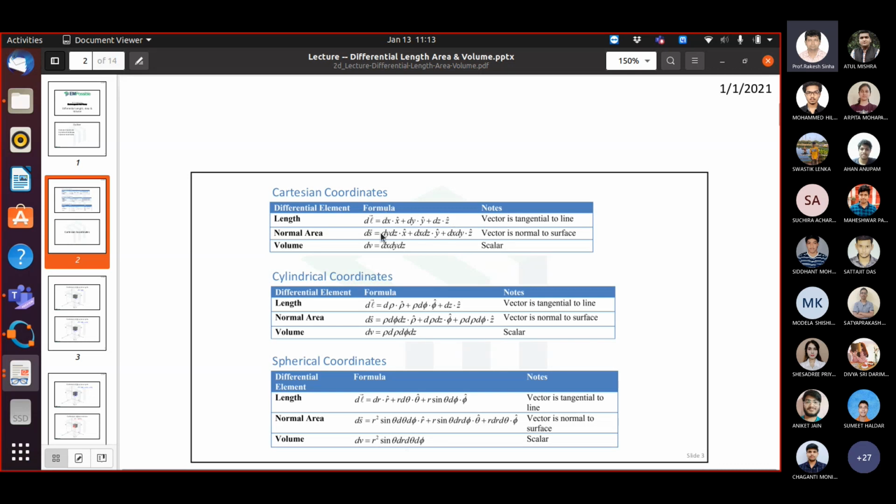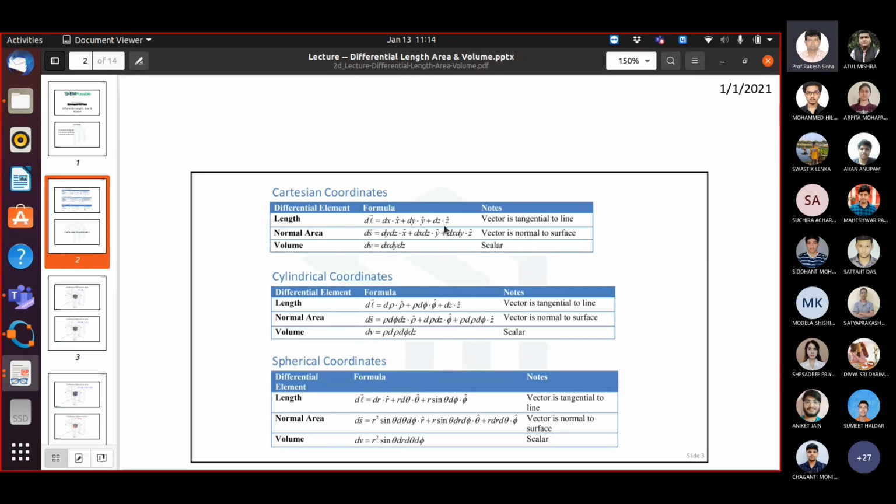So this represents the effective differential length. dx means an infinitely small increment in the x direction, dy is an infinitely small increment in the y direction, and dz is an infinitely small increment in the z direction.